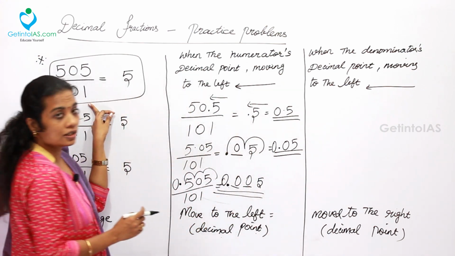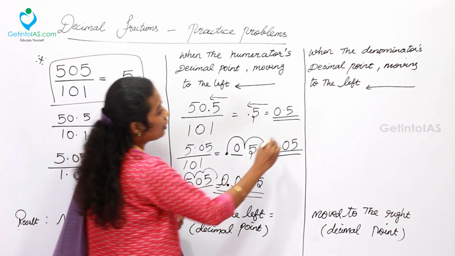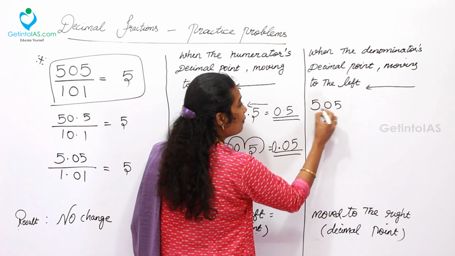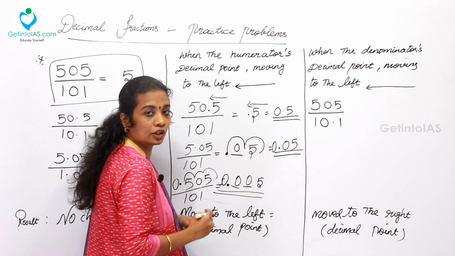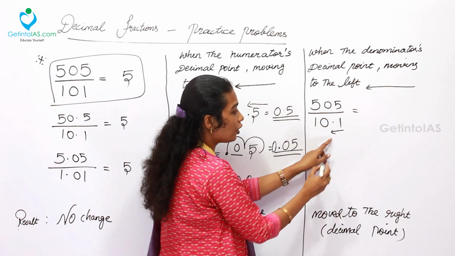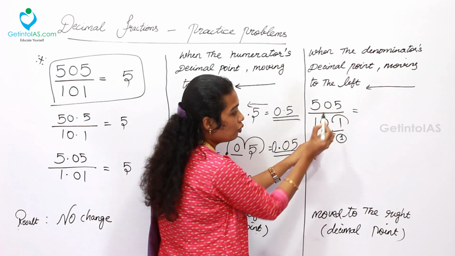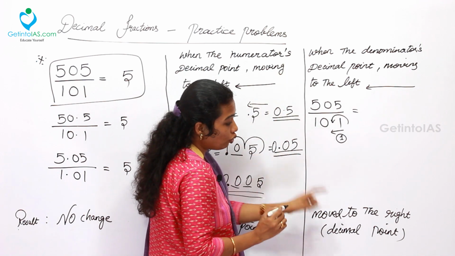Let me take the same number: 505 divided by 1 is equal to 5. Now 505 divided by 10.1. Can you tell me how many times now? Here the decimal point has moved 1 place. After 1 it has moved from here to here, 1 place to the left. So the result will move to the right.